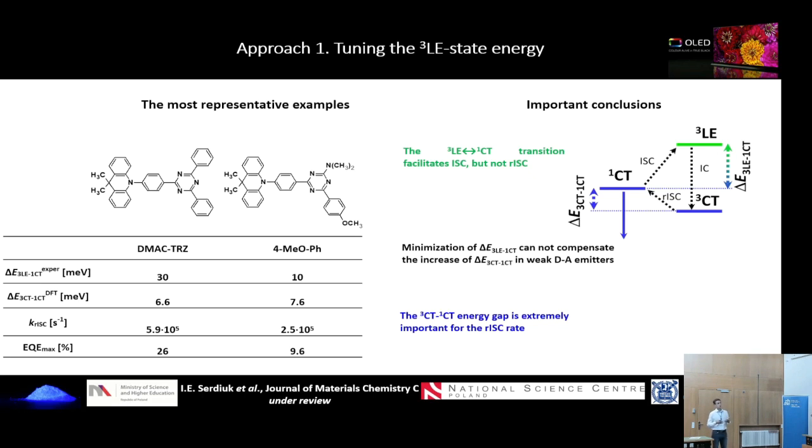And as we need to use weak donor-acceptor emitters for blue TADF, the important conclusion is that even if we minimize the LE-CT energy gap, we cannot compensate the increase of the CT-CT energy gap, because we are using a weak charge transfer system. And most crucial, I think, is that the CT-CT energy gap is extremely important for the reverse intersystem crossing rate. For me, it was a very surprising result, and I didn't understand why.